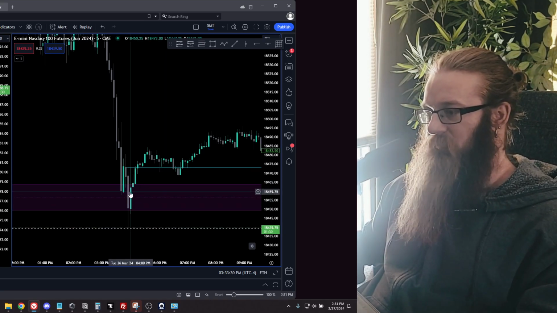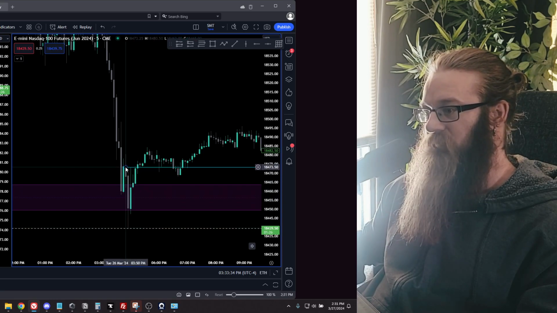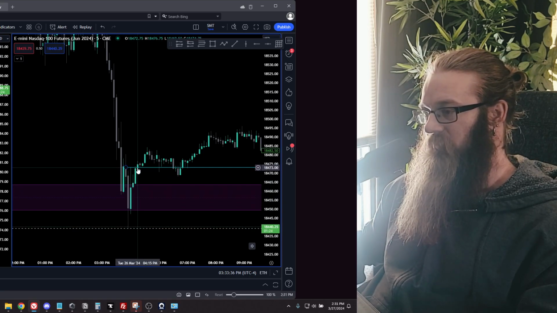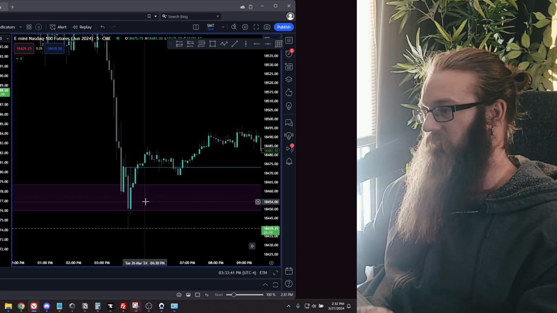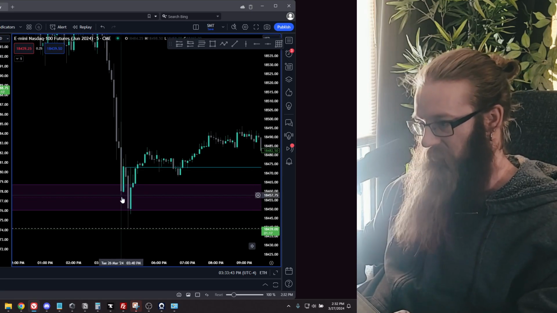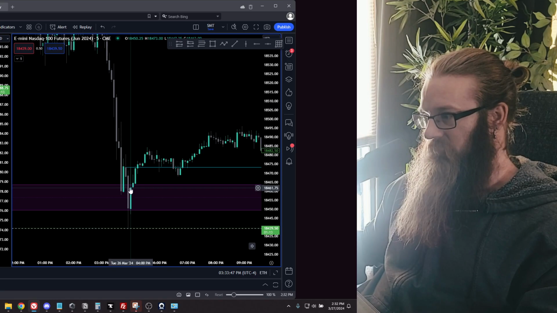Once this happens and then price comes back up and closes over the high of the body of the first candle of the order block, it's now an order block, which means it'll be respected if tapped in the future.